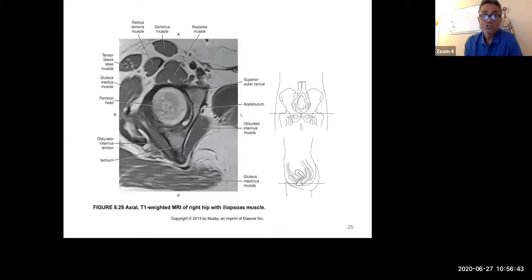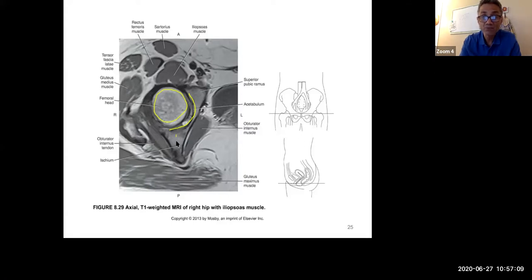This image is also axial, but they are showing me only one side. You get that? Only one side. So what is the best landmark? Same. If this is the head of my femur, that means this will be the hip articulation with the acetabular cavity, correct?